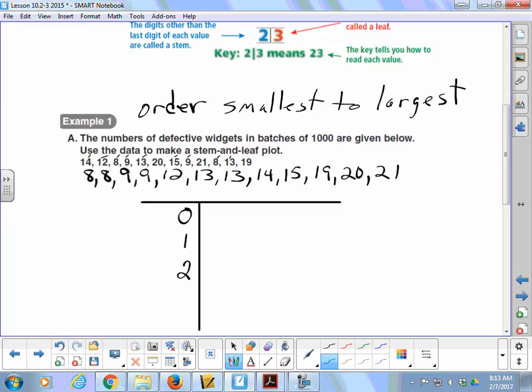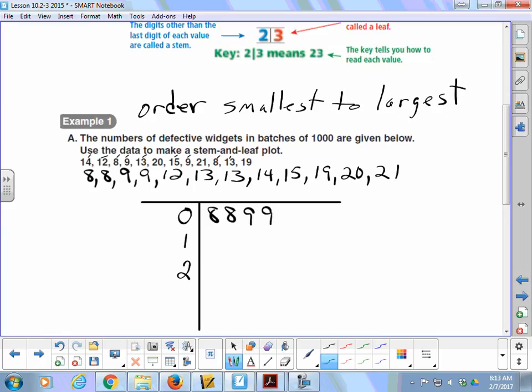And the thing to remember about stem and leaf plots is that when we write them down, we do not use commas. Okay? Don't use commas. So we have 2 8s, 2 9s. Right? So we just write 8 8 9 9.